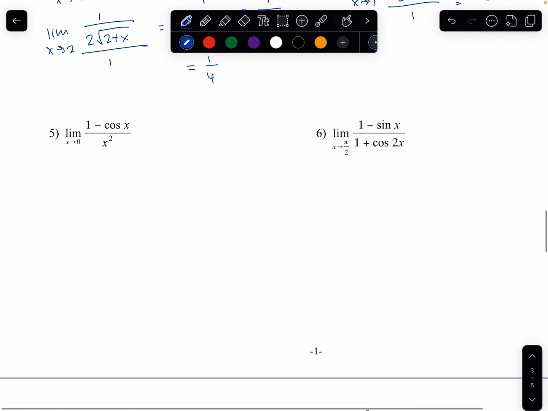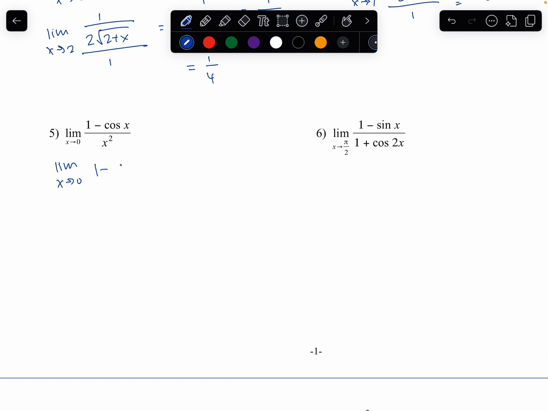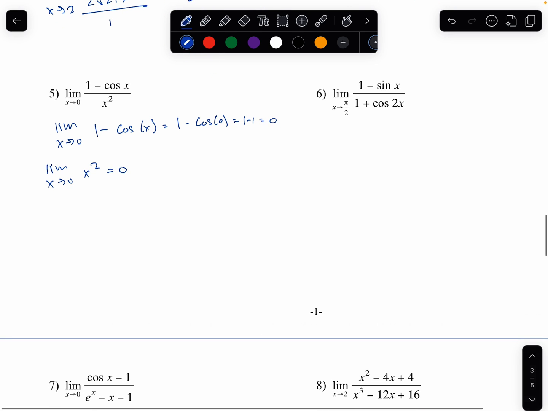For 5, the limit as x approaches 0 of 1 minus cosine of x is equal to 1 minus cosine of 0, and cosine of 0 is 1, so that's 1 minus 1, that's equal to 0. Then we'll do the limit as x approaches 0 of x squared, which is equal to 0.